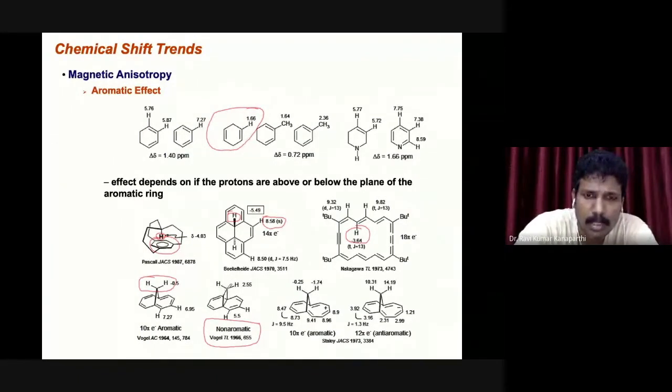For example, this bicyclic compound, where you have a connection at the 9 and 10 positions, and these two protons are resonating exactly like aliphatic CH2 protons, which are seen around 1.2 to 2 ppm, right?